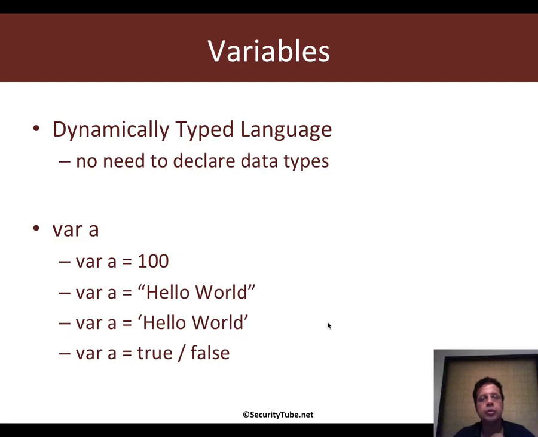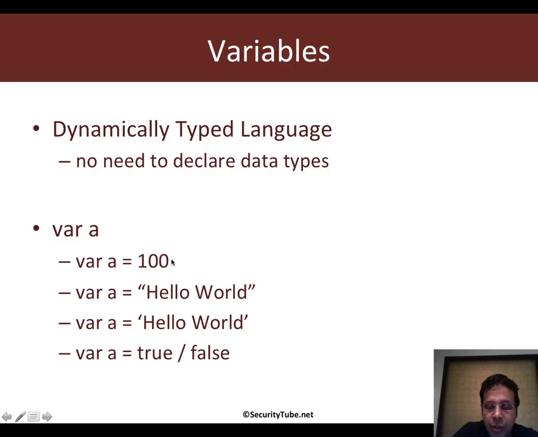Okay, so variables. Now, as JavaScript is a dynamically typed language, we do not need to declare data types for variables during the declaration phase. So basically we would say var a, and depending on how we initialize it or later use a, the data type is automatically assigned.